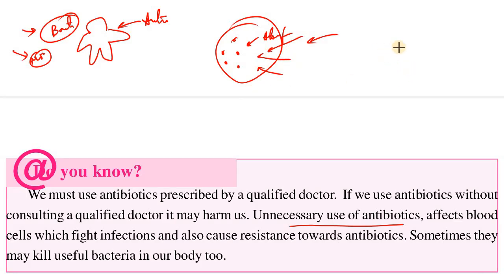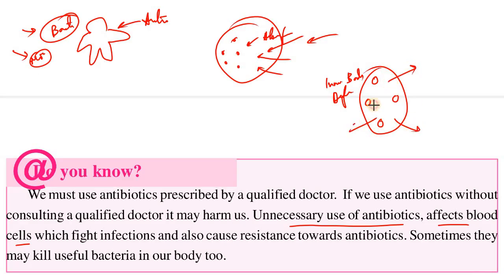What will it affect? If you take lots and lots of antibiotics, they will affect your blood cells. These blood cells are our vital soldiers, defenders. They are inner body defense mechanisms. Their working will be affected, so next time if there is some infection, these blood cells will not respond as they should.